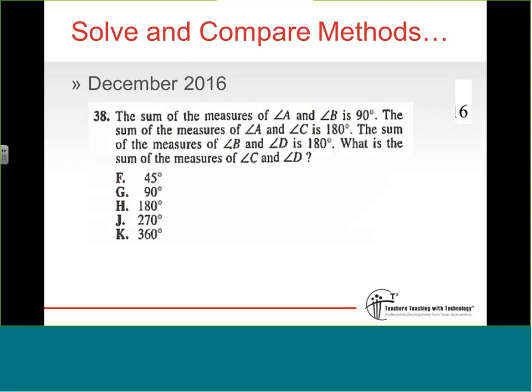Yeah. So what I'd like you to do right now is take a minute and solve this problem. This is an ACT question from December 2016. I'm going to give you a minute to solve it. If you solve it one way, try to solve it another way.